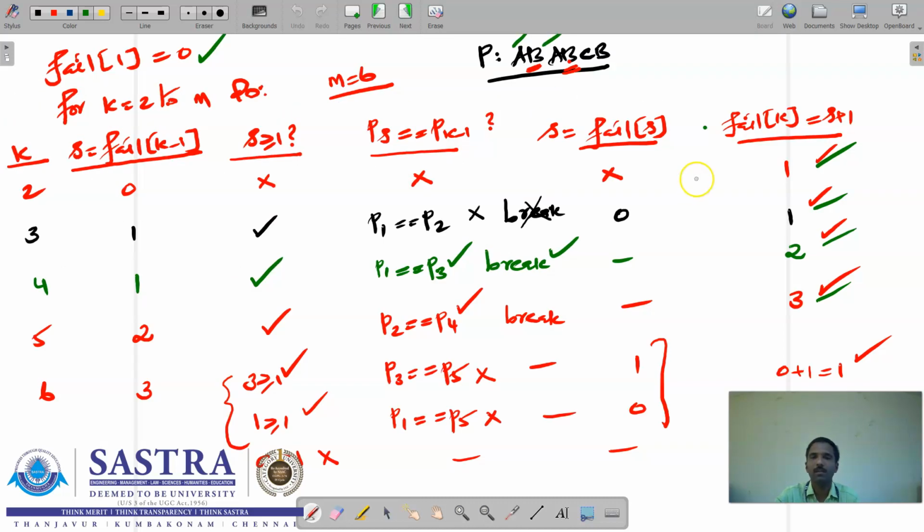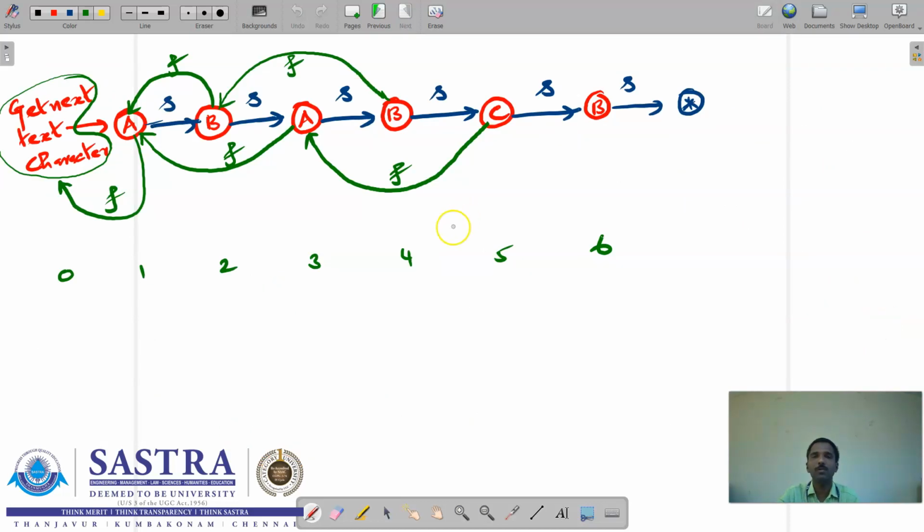Okay. Then fail of 6 is 1. We need to mark it like this. Fail of 6 is the node number 1.